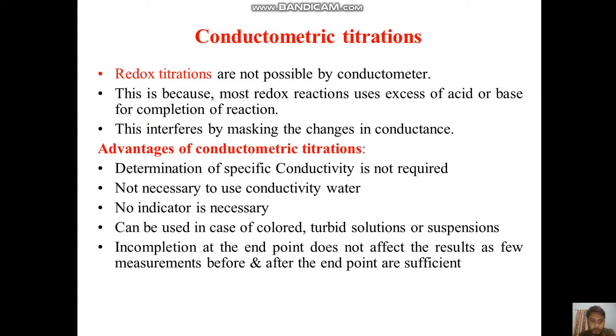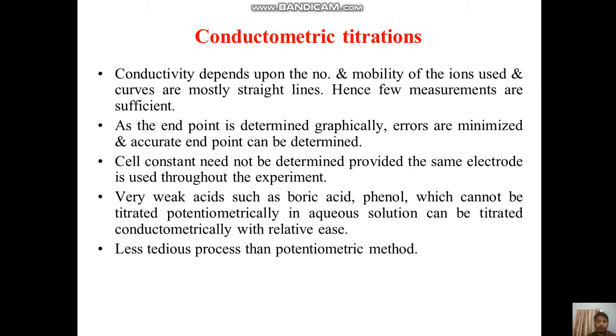Incompleteness of reaction at the endpoint does not affect the results, as a few measurements before and after the endpoint are sufficient. Conductivity depends upon the number and the mobility of the ions, and the curves are mostly straight lines, hence few measurements are sufficient. As the endpoint is determined graphically, errors are minimized and an accurate endpoint can be determined.